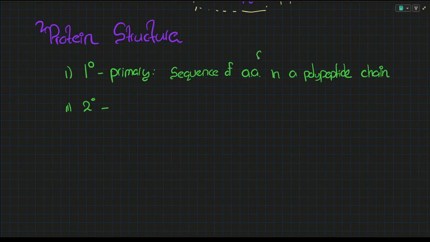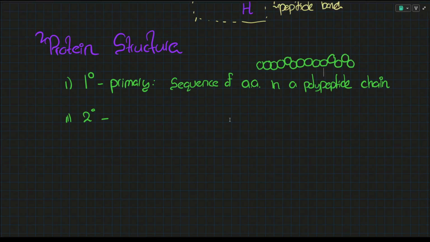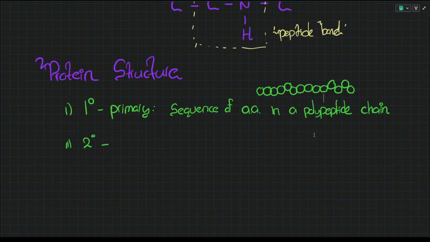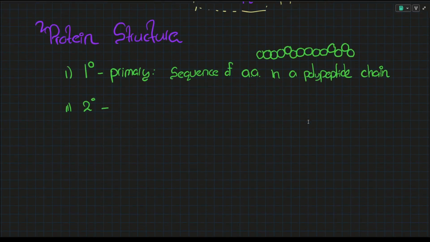For you to form a protein, you're going to need amino acids that are bonded by peptide bonds in a long chain. There are 4 levels of structures of proteins. The first, primary structure, is the sequence of amino acids in a polypeptide chain, like this.